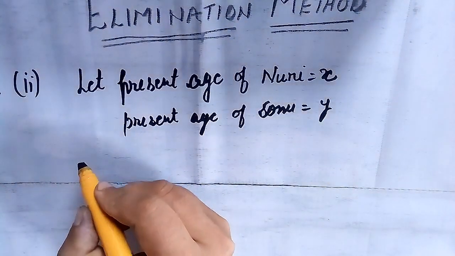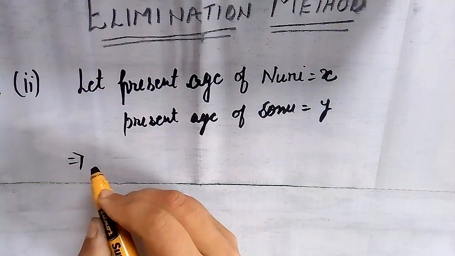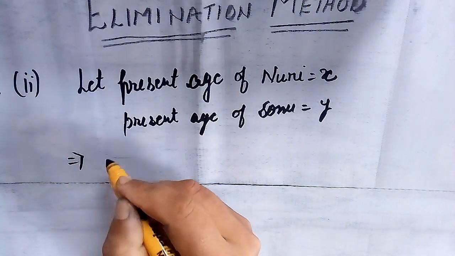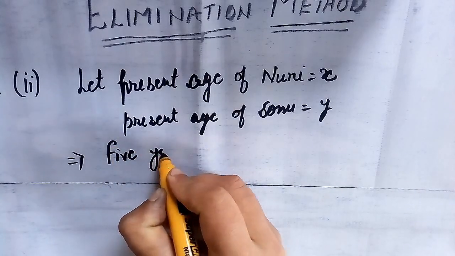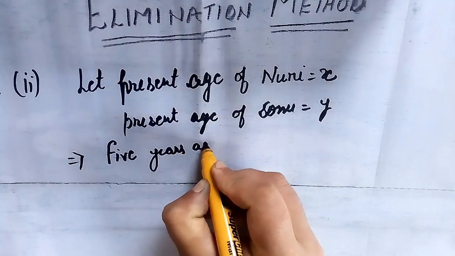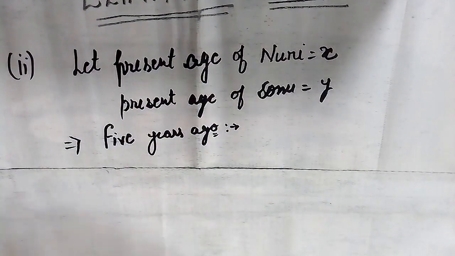Now first of all, the first condition was "5 years ago." Remember, the first line was 5 years ago.